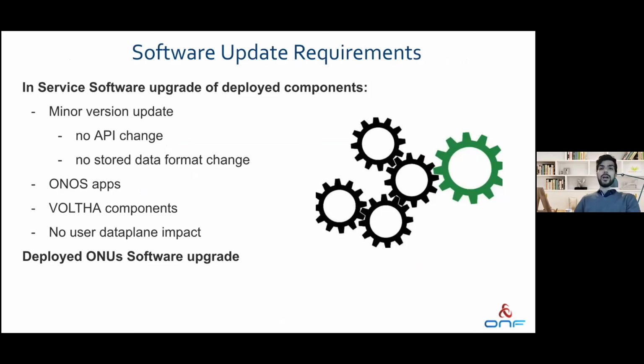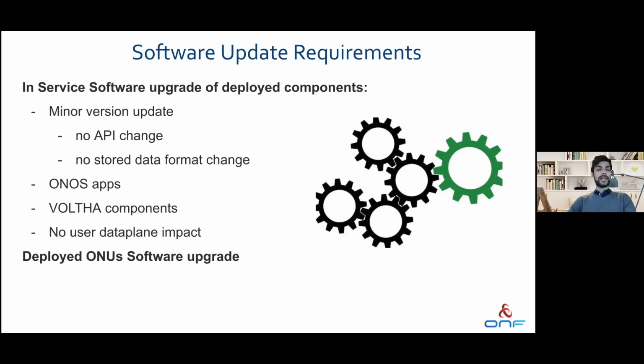Major version upgrades are done in a maintenance window and will bring down the data path. But minor software bug fixes should not take out the data path of any subscriber in the network. So that's what we call in-service software upgrade.